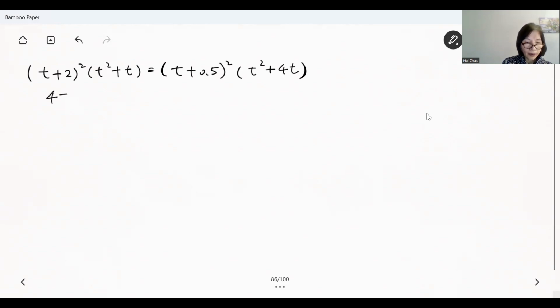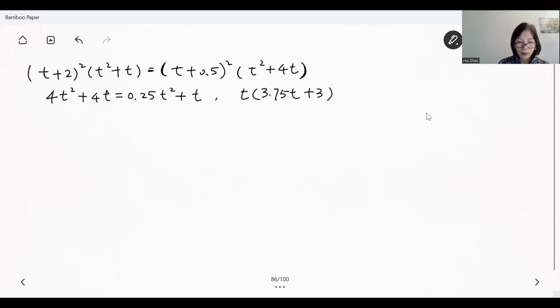We can get 4t squared plus 4t equals 0.25t squared plus t. Okay, then t times (3.75t plus 3) equals 0. And we get the answer t equals 0, or t equals negative 0.89.